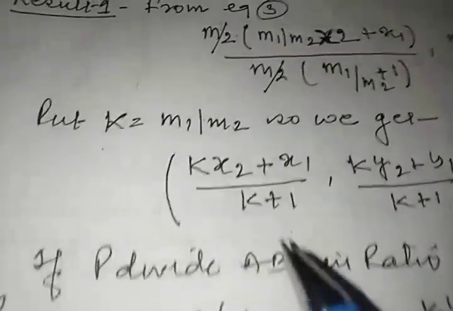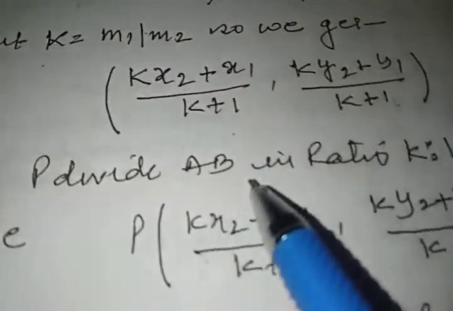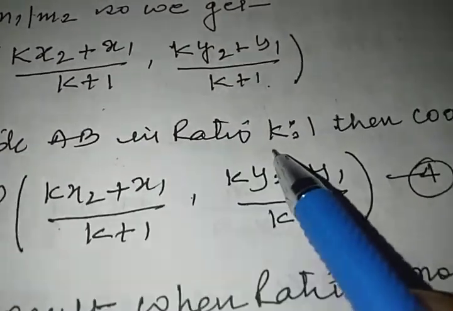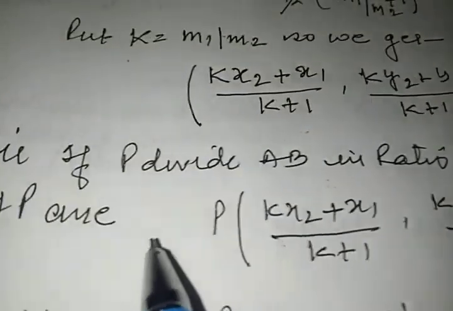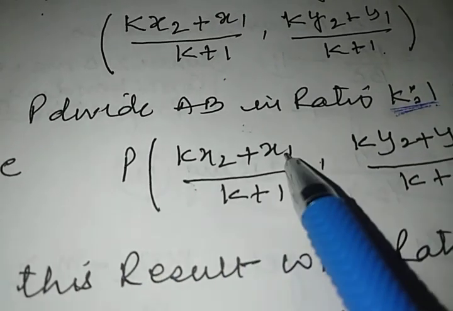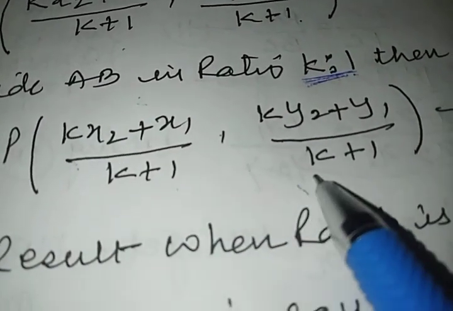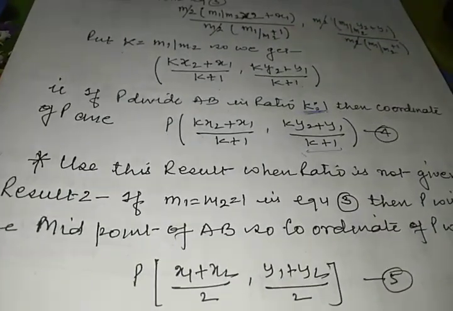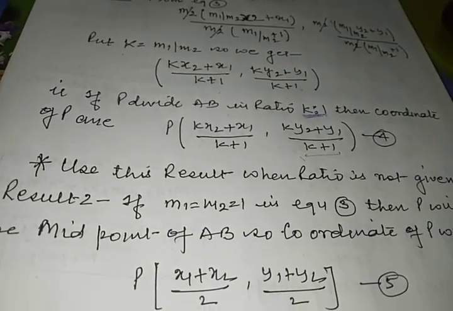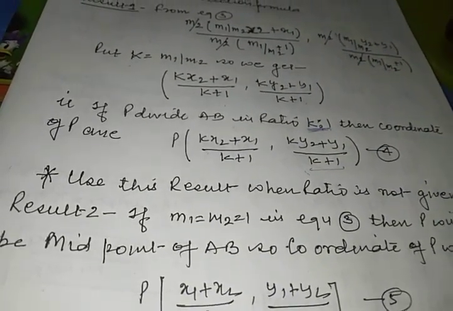Children, just remember this formula is to be used precisely when the question asks you to find the ratio. Otherwise you have formula 3 itself here.